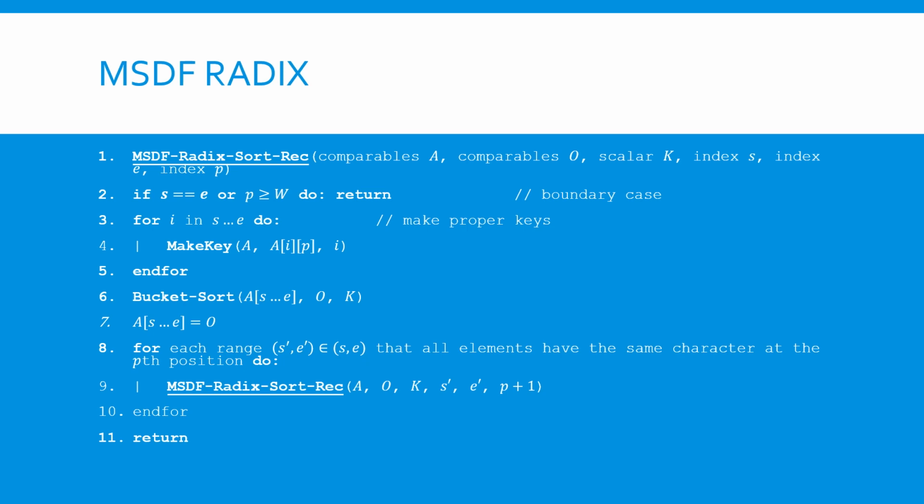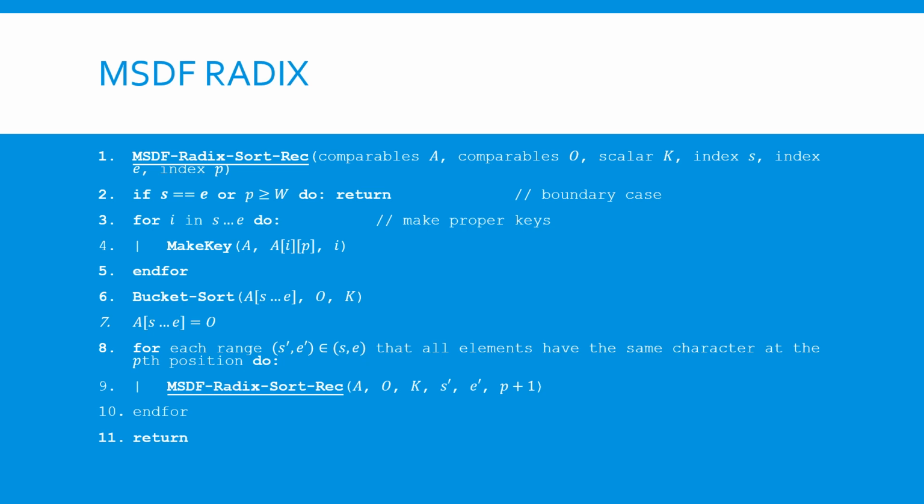Here is the pseudocode for the recursive function. In line 2, we handle the boundary case where only one string needs to be sorted or where the radix has gone out of range. In lines 3 to 5, we define the key information for sorting as the pth position of the strings within the range. In line 6, we perform the bucket sort.